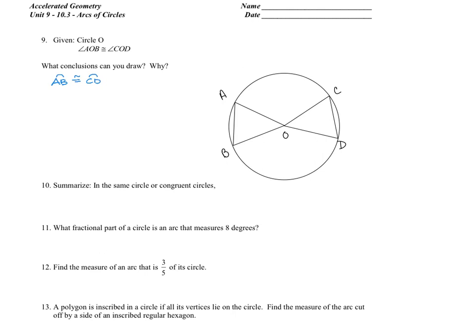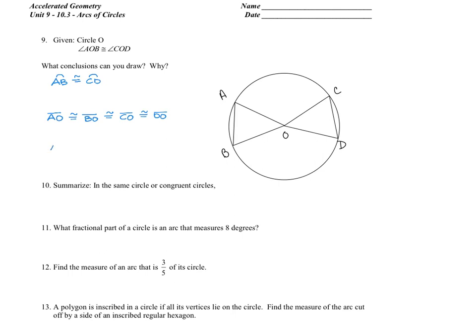I'll go back and fill in the Y's in just a minute. Let's just see how many conclusions we can draw. We can also say that segment AO is congruent to segment BO, is congruent to segment CO, is congruent to segment DO, because all of those are radii of circle O.